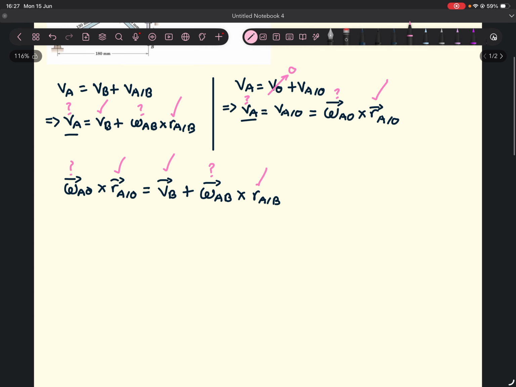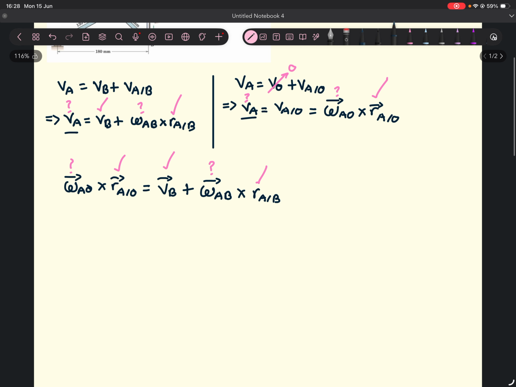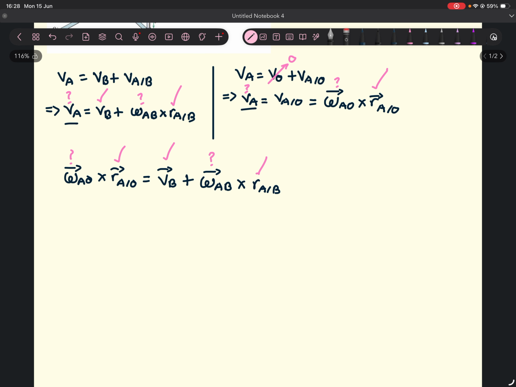So we have two unknowns, but secretly we have two equations, right? If we break this down into its x and y components, we can solve for it. This term over here will give you omega AO multiplied into something i hat plus something j hat.